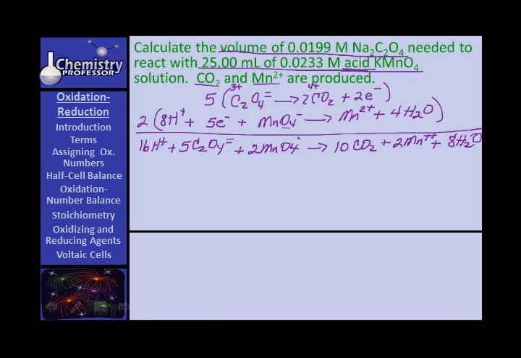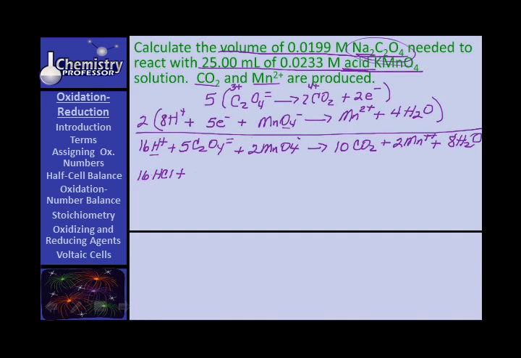So, to convert it to a molecular equation, what acid shall we use? Well, I suggest hydrochloric. So how about 16 HCl plus, and how about, well, we've already been told, it's sodium oxalate, right?